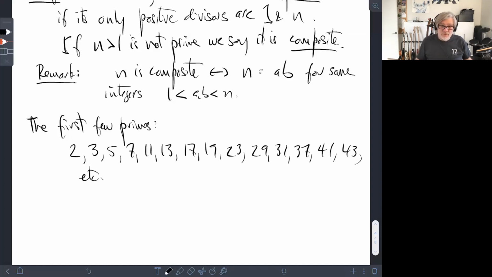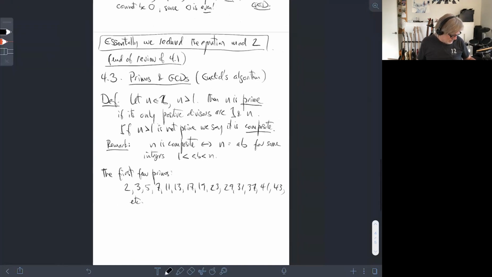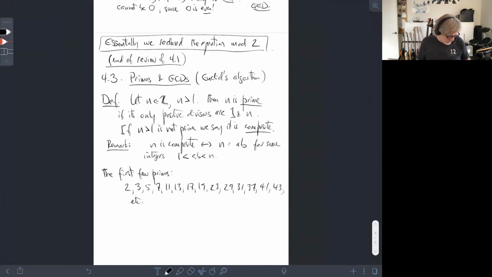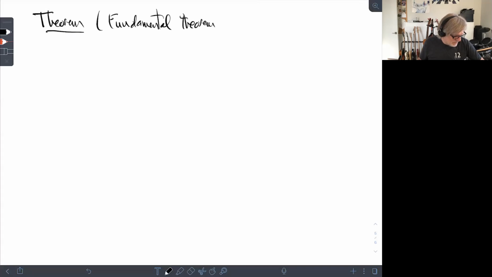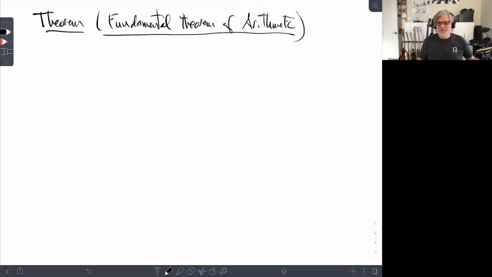And here is our first theorem. And I'm going to switch pages for it because it's too important. It gets its own page. Theorem. This is called the fundamental theorem of arithmetic. So don't ask if it's important.